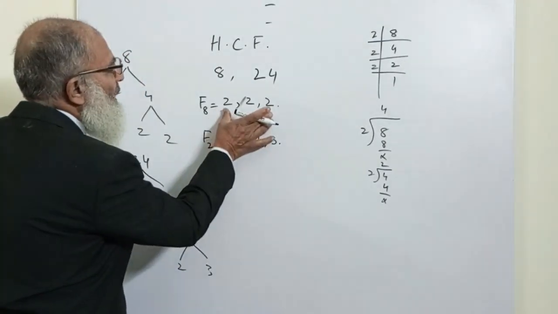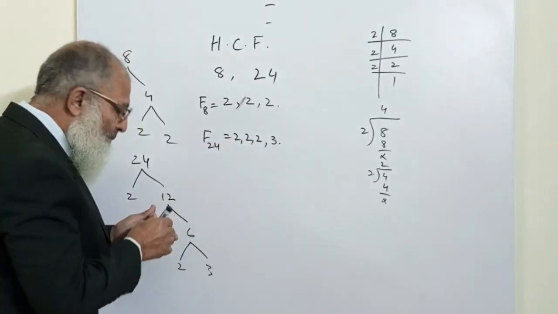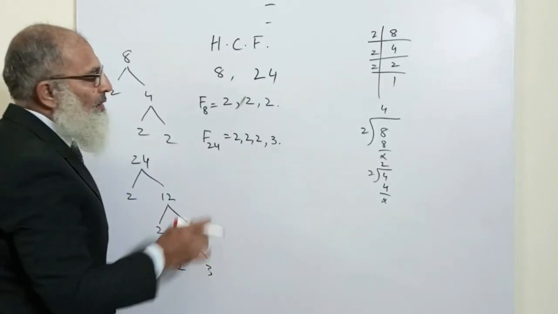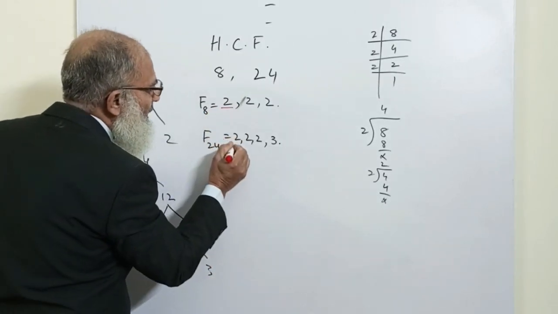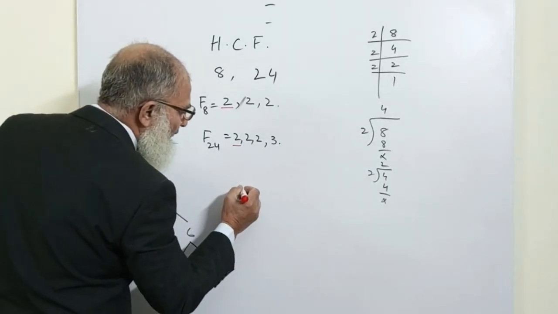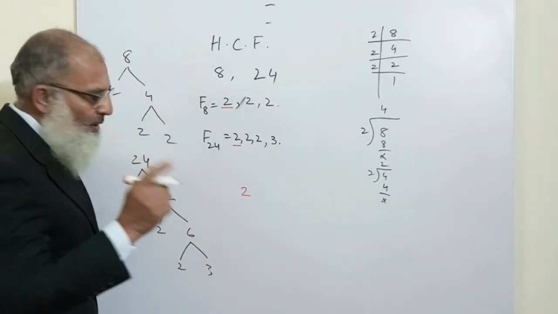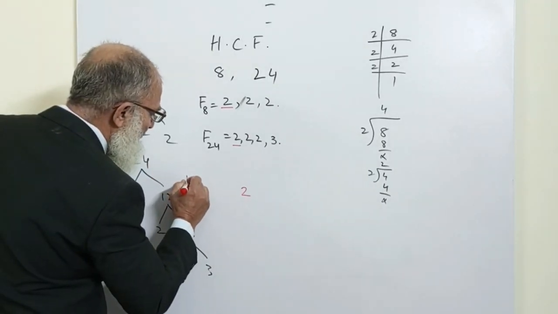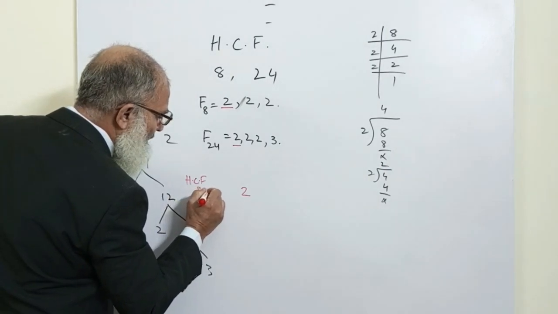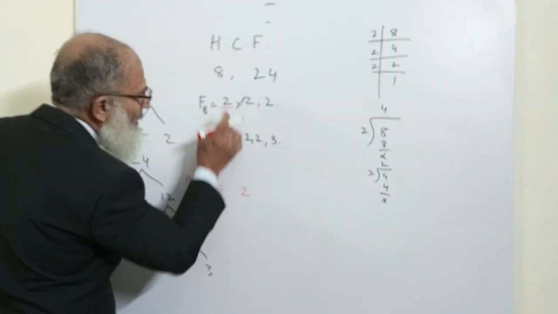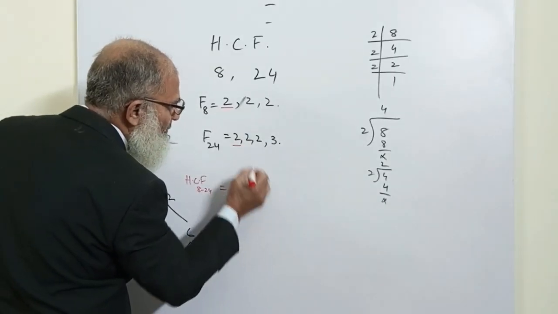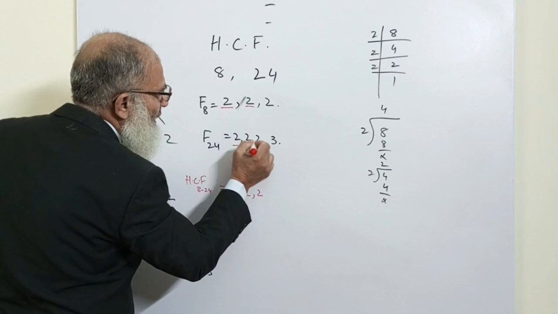Now I just pick up the common numbers between the two factors. Now you see, here we have got 2 and here we have got 2. So I write 2 once. The HCF of 8 and 24 is 2, once common, again common, and again common.